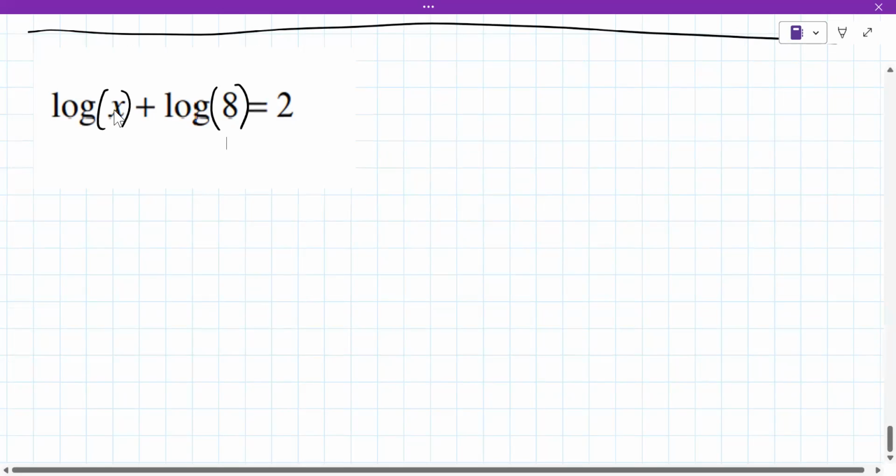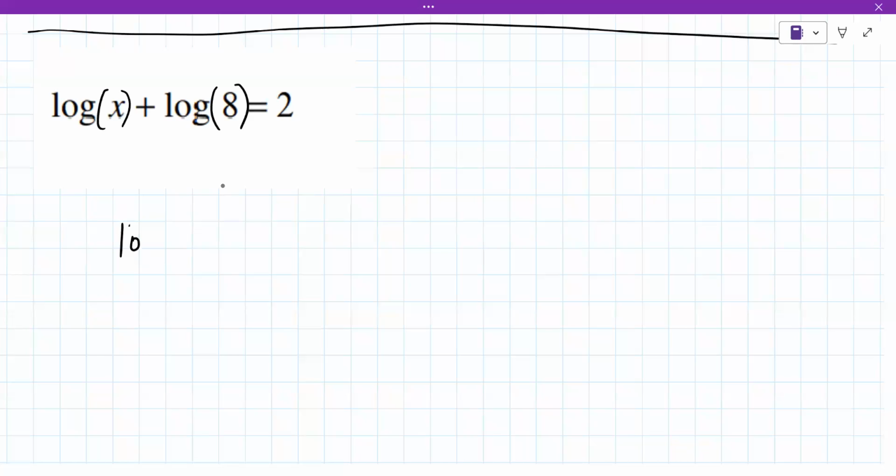If you remember that first law, the sum becomes a product. So it becomes log of x times 8 equals 2, and maybe better written this way, 8x equals 2.